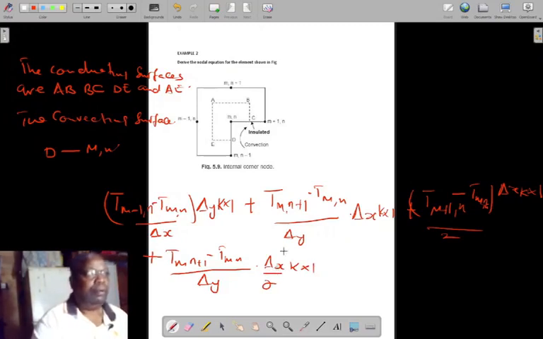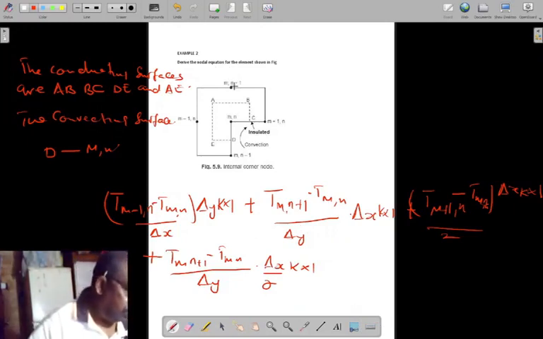That is for that node there. We have that already.